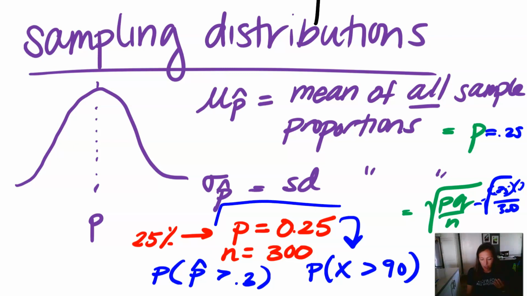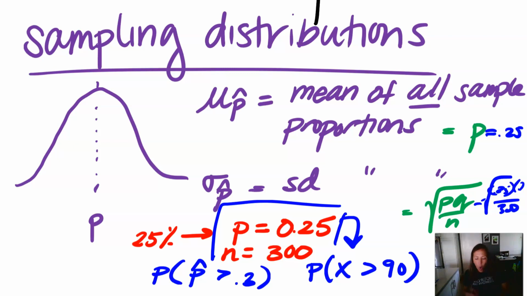Using a binomial with these parameters, using the approximate normal to a binomial with the mean of 75 and a standard deviation of whatever was right above it, I think it was like 7.5. Or using the normal approximation for a sample proportion, using the sampling distribution of a sample proportion where your mean was 0.25 and your standard deviation was the square root of 0.25 times 0.75 divided by 300.